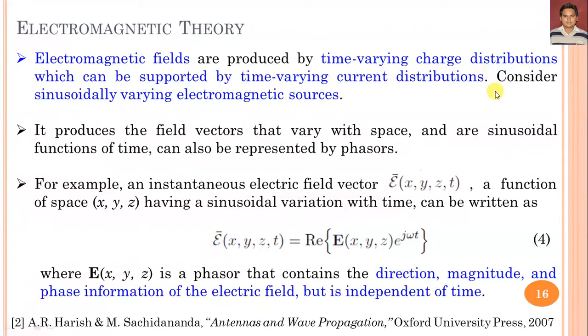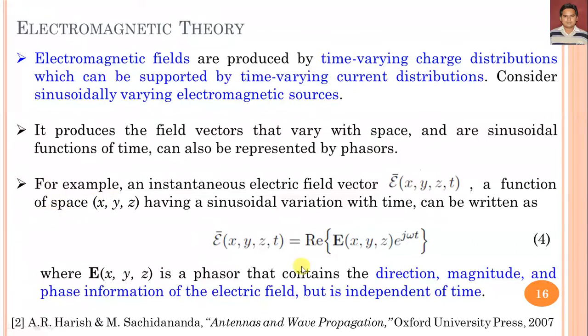To understand this concept, we have considered sinusoidally varying electromagnetic sources. These electromagnetic sources produce field vectors that vary with space and are sinusoidal functions of time, which are also represented by phasors.